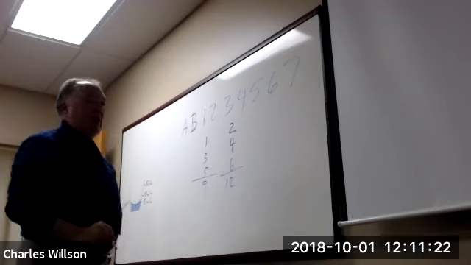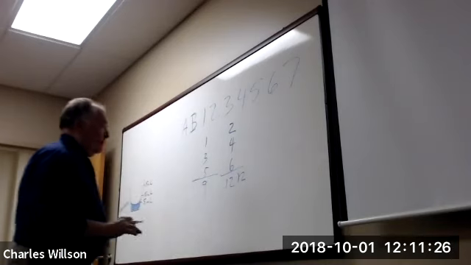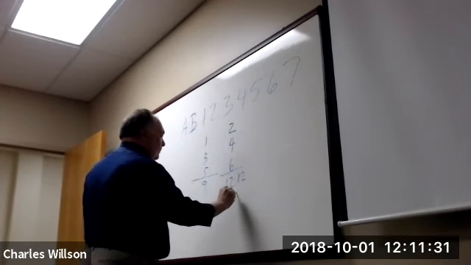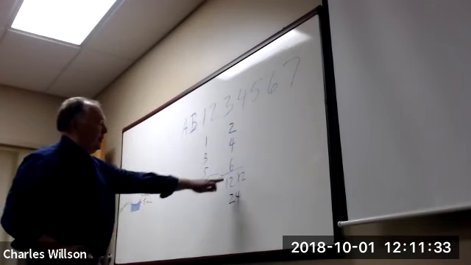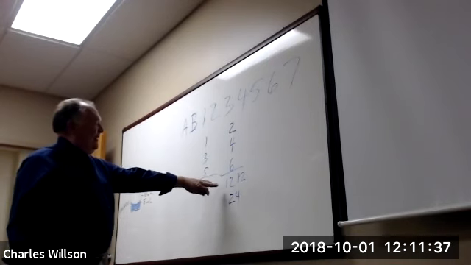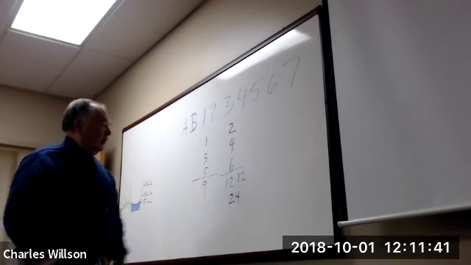And then you multiply that one times 2. I'm sorry, 12 times 2 is 24. 9 times 2 is not 24. 12 times 2 is 24. You add the 9 and the 24.